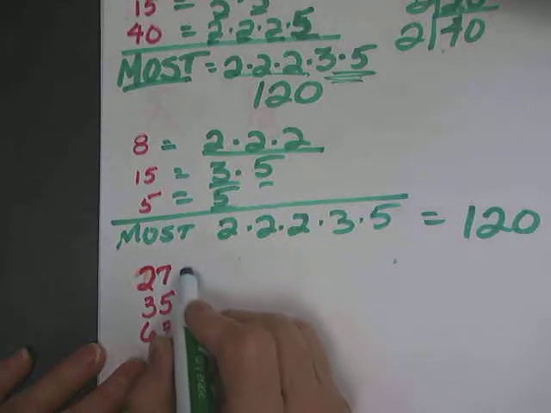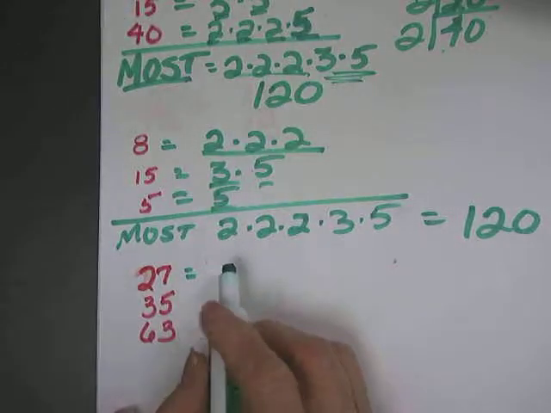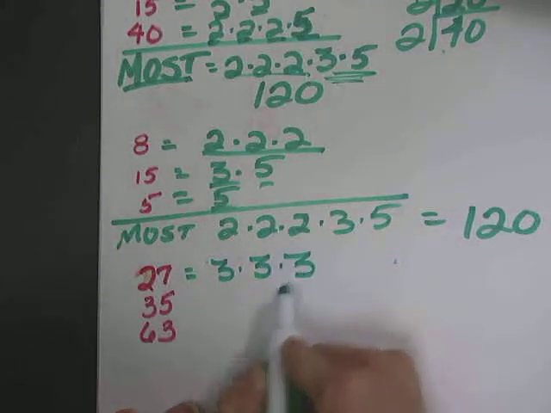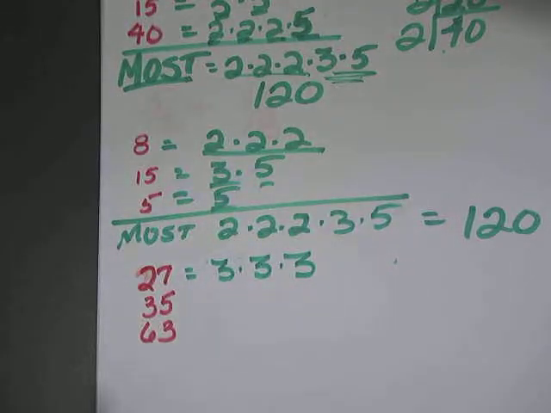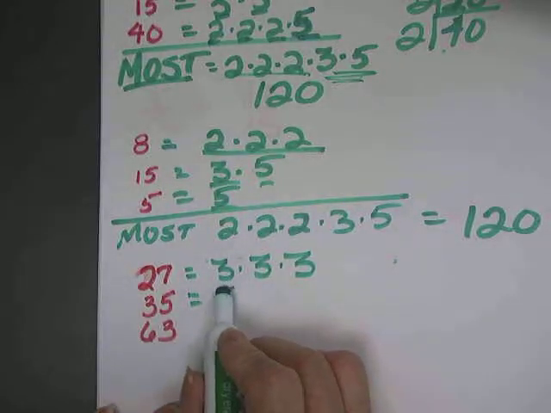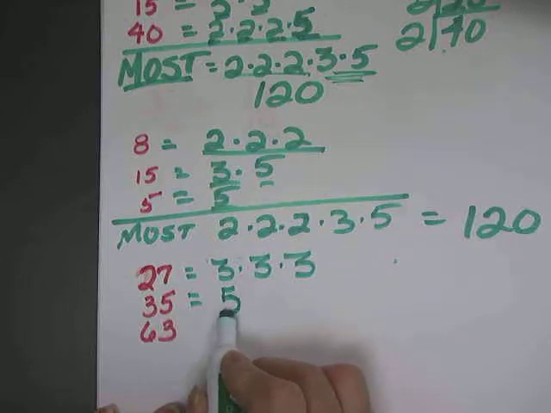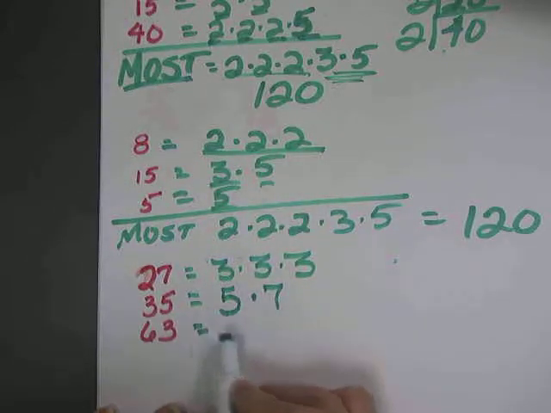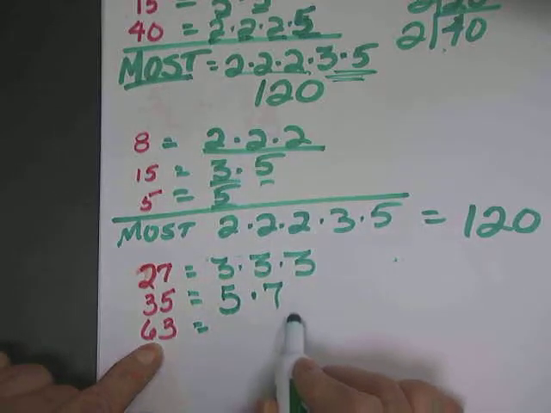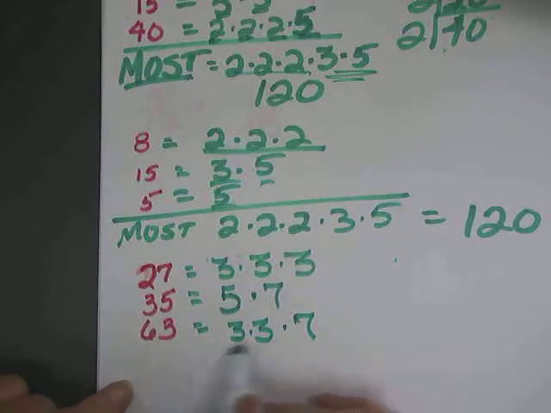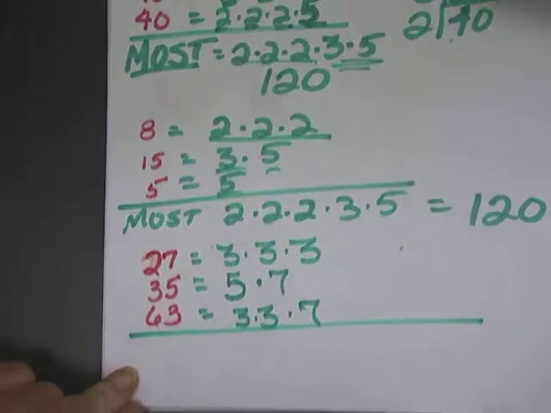This one should be different. They won't go to 120. 27 is 3 times 9, but we don't put 9, we put 3 times 3 times 3. What's 35? 5 times 7. And 21 is 7 times 9, and 9 is 3 times 3.